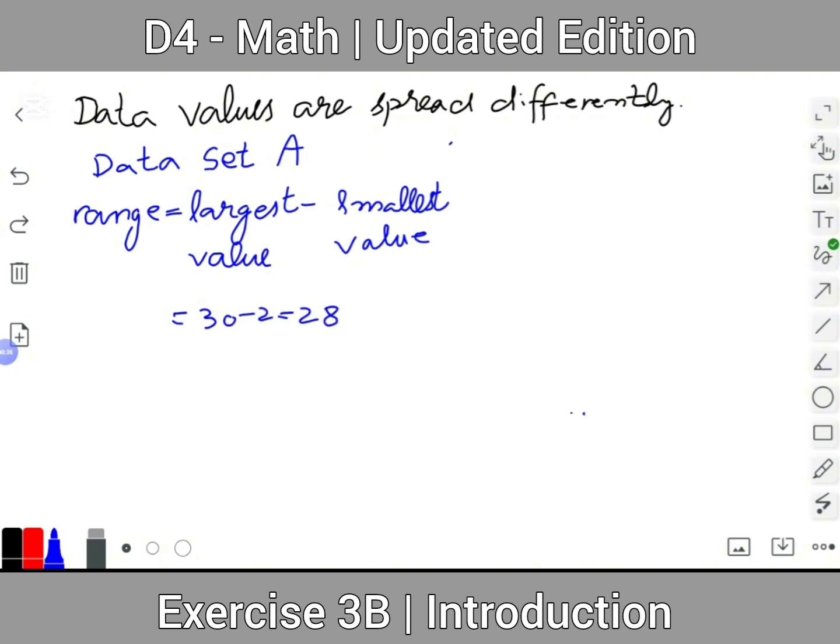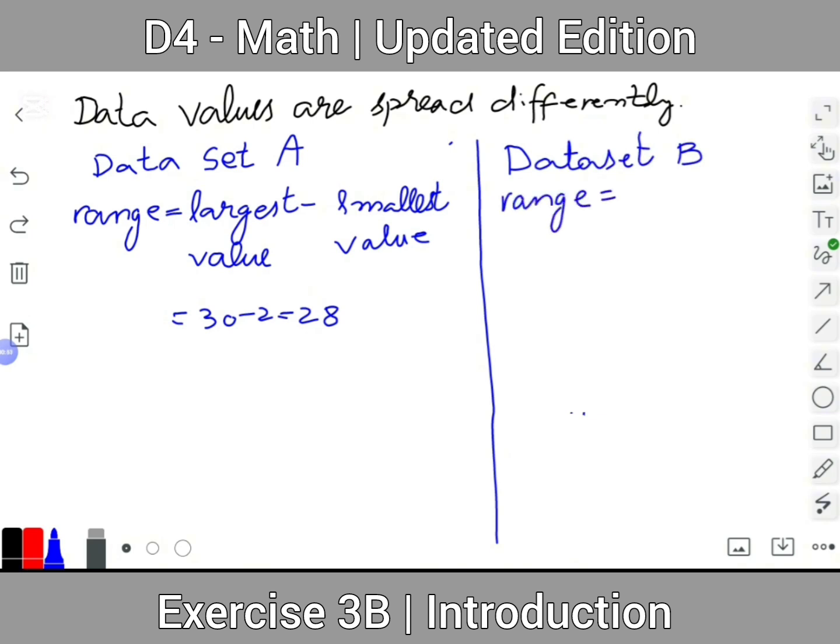Now for data set B, again range is equal to largest value minus smallest value. So here we have 30 minus 2 is equal to 28.